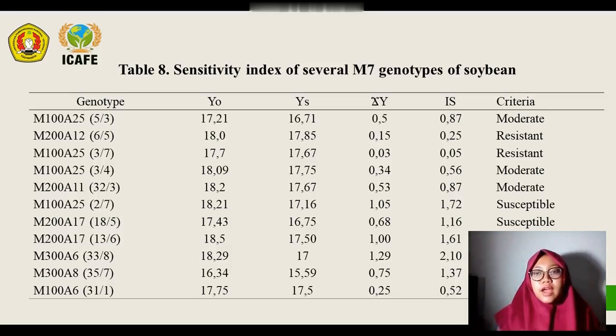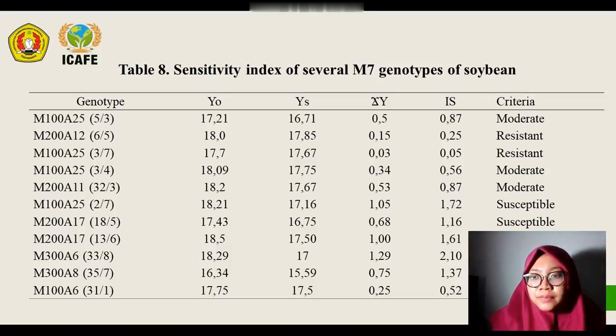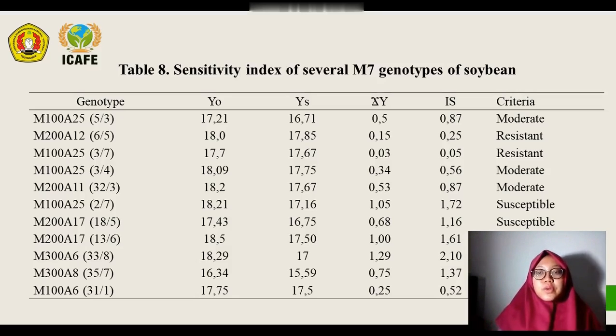Genotypes with a sensitivity index value greater than 0.5 and smaller than 1 have moderately resistant character to stem root disease. And 5 genotypes have a sensitivity index value greater than 1, which were sensitive to stem root disease.